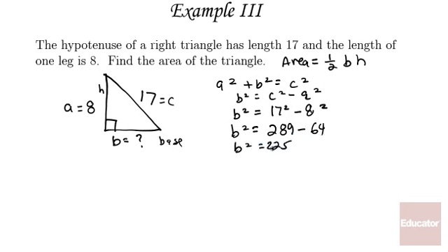And that works out, 1/2 times 8 is 4, 4 times 15 is 60. And they don't give me units, but the area is 60 of whatever units this is in. And again, it took a couple phases because I had to use the Pythagorean theorem to find this side and then go back and use the formula for the area of a triangle, 1/2 base times height.